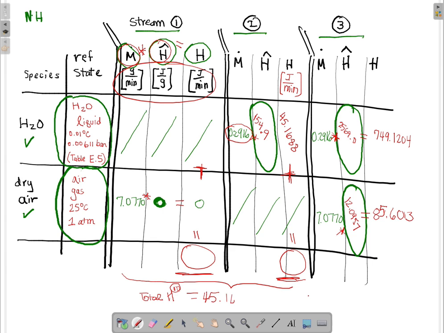And that is equal to 45.1688 joules per minute. And then same thing here, if you add these two numbers up, you get the total enthalpy out.